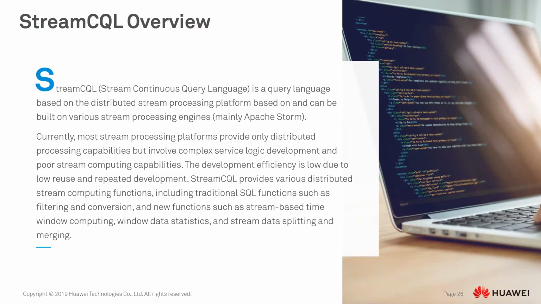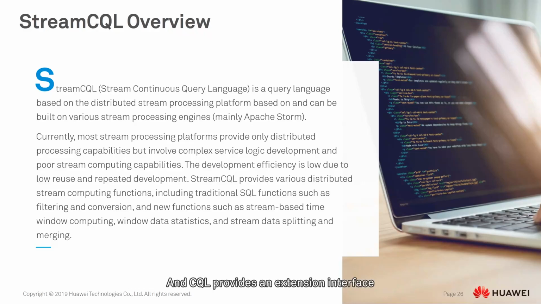CQL has the following features. The CQL syntax is similar to the SQL syntax. Users who have basic knowledge of SQL can easily learn CQL and use it to develop services. In addition to basic expressions provided by SQL, CQL provides functions such as windows, filtering, and concurrency setting for stream processing.